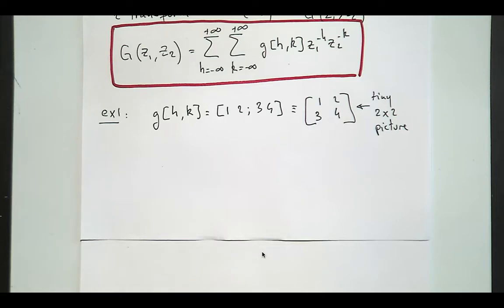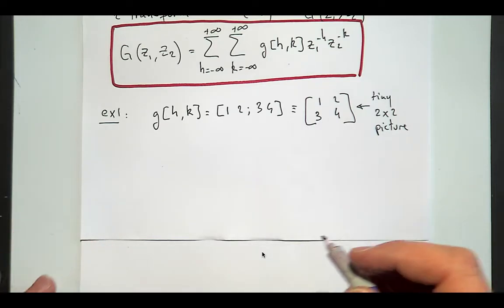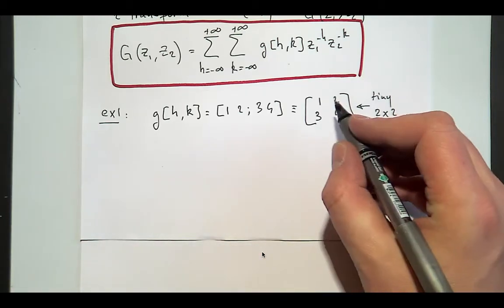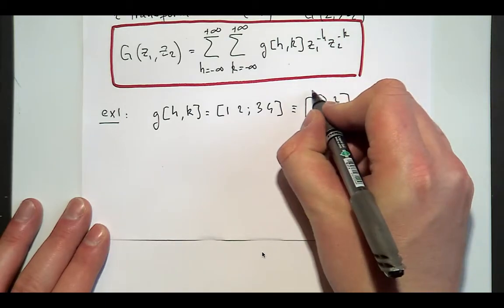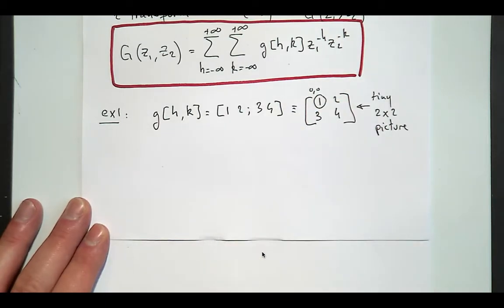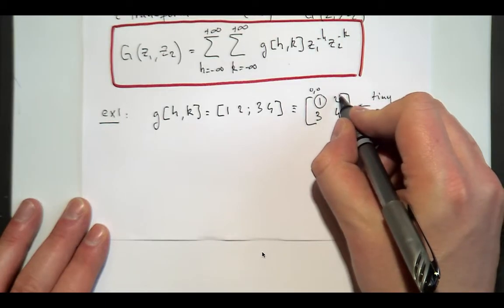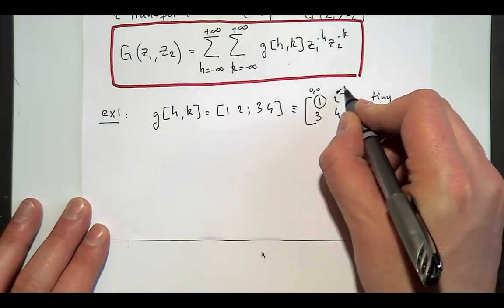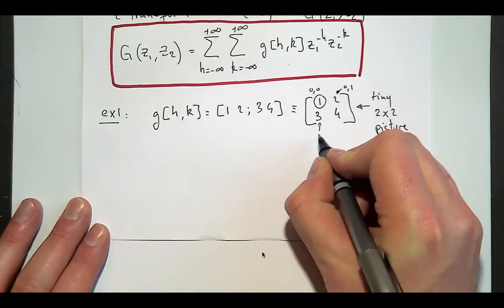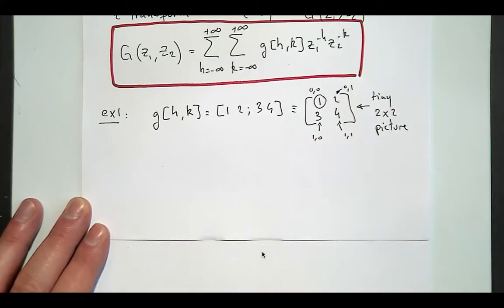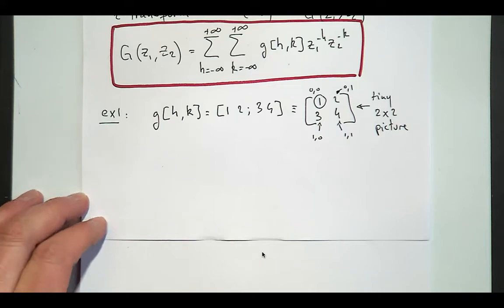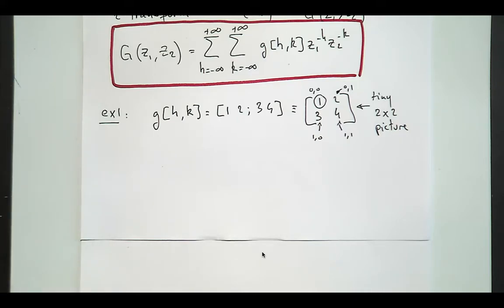So by convention here, and it's just using MATLAB convention, the top one here would be coordinate 0, 0. Then this one would be coordinate 0, 1. And this one would be 1, 0. And this one, 1, 1.